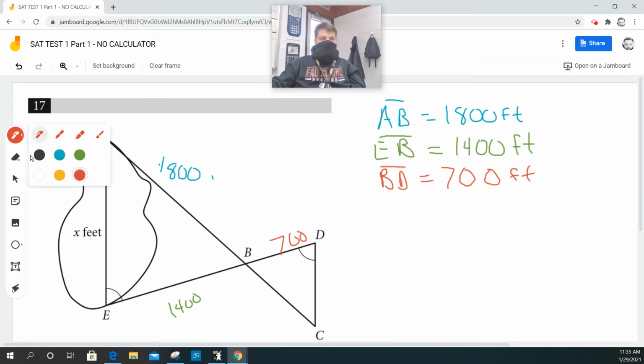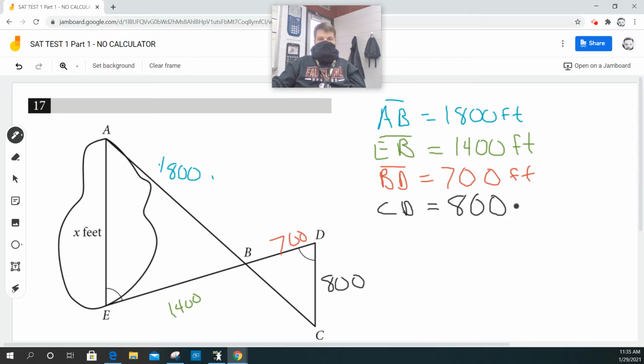Oh, I need another color. I'll just use this. 800. So from C to D. And what they really want us to find is the length of AE, isn't it? So we don't know what A to E is.